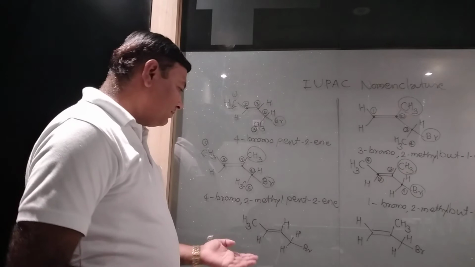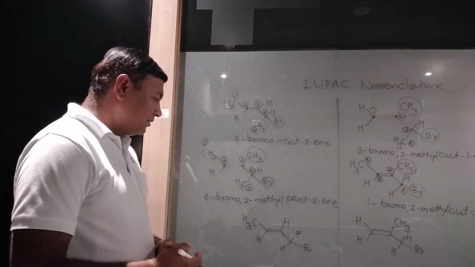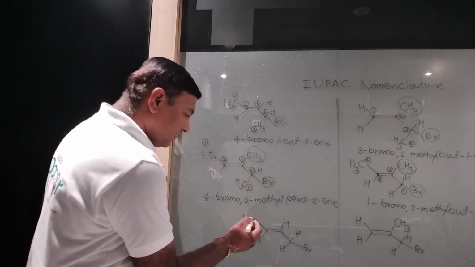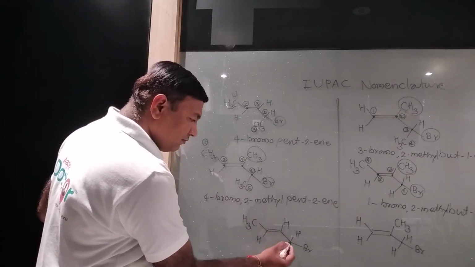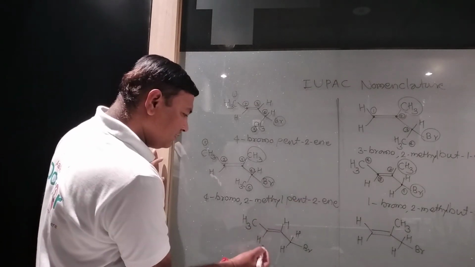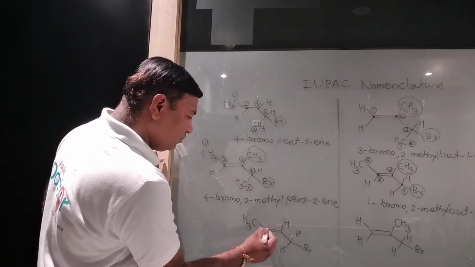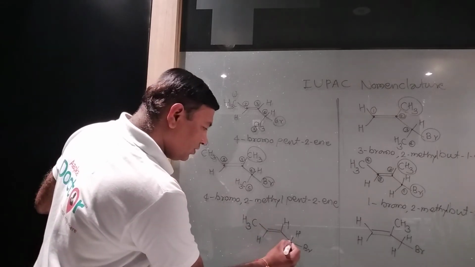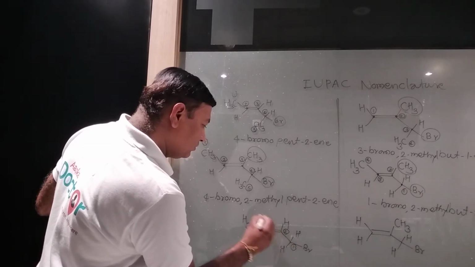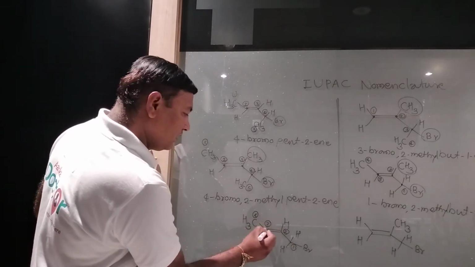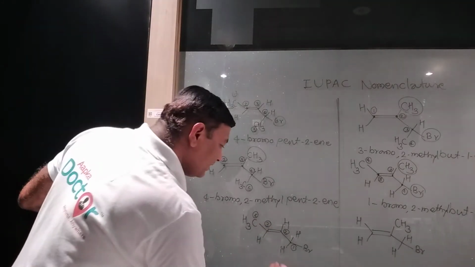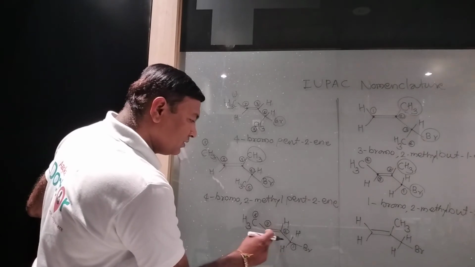See the next example, the second last example. Select the longest chain. Again the carbons 1 2 3 4, the same way as we have just seen. So we give preference to this carbon, 1 2 3 and 4. There are 4 carbons. Understand? So 4 carbon is butane, and in which position is the double bond?